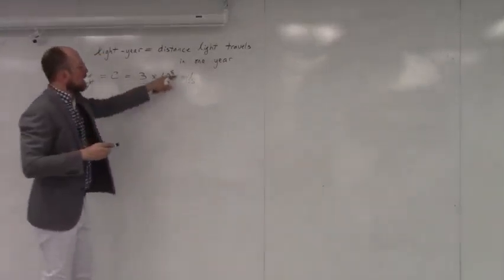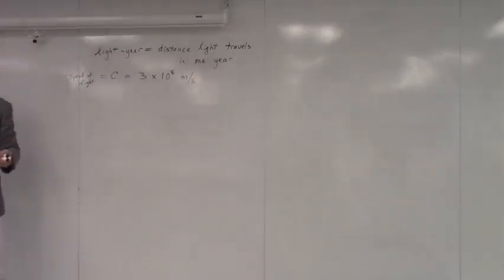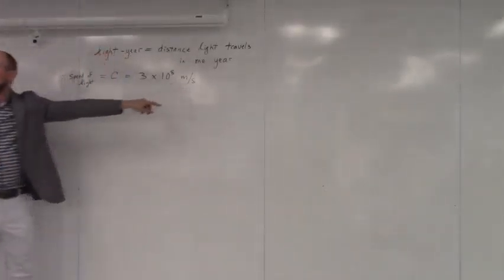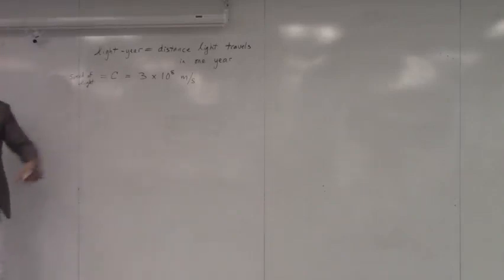We're going to learn a lot about how, when I say something, I translate it into a mathematical sentence. When I say I travel 3 times 10 to the 8 meters every second, this is how I write it mathematically, including that division. You may not have realized division was in there, but it is. When I say meters in a second, that means the seconds are divided into the meter.